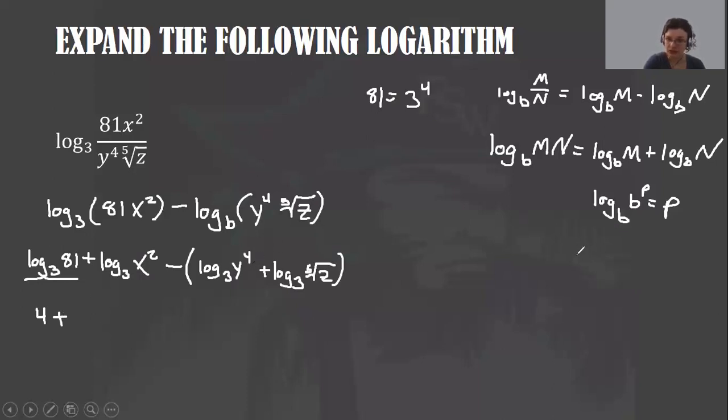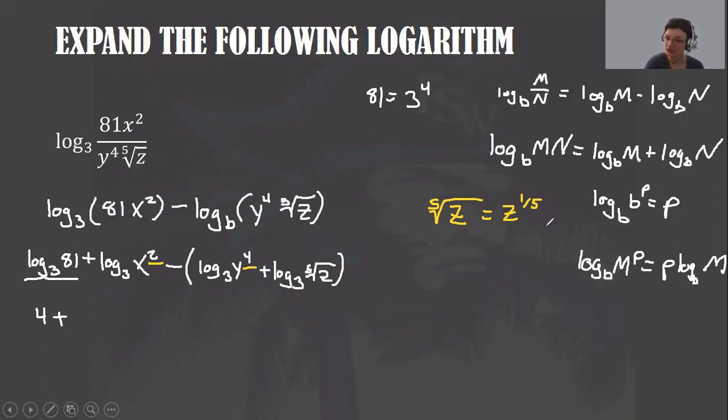Additionally, I'm also going to use the rule that whenever you have an exponent, you can move that exponent in front. So I'll be doing that as well. Since x squared, that means an exponent of 2, I'm going to place that 2 in front. This log has an exponent of 4, and this z, recall that whenever you have a radical, you can write it as an exponent fraction.